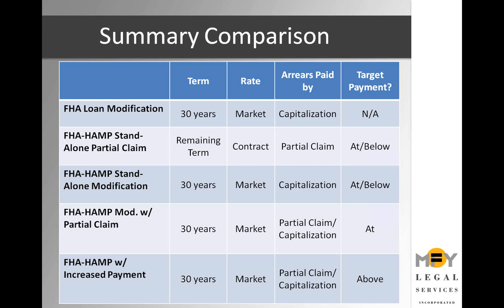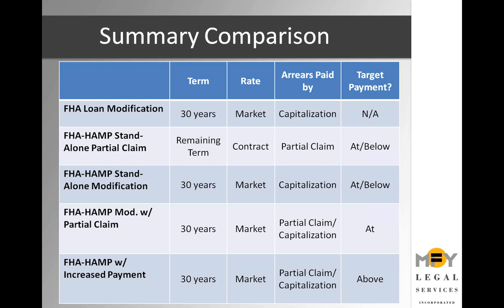And where is your new payment relative to your target payment? Well, it doesn't apply. Basically, an FHA loan modification is underwritten without regard to the target payment because anybody eligible for an FHA loan modification already has surplus income, meaning that their mortgage is more or less affordable to them.